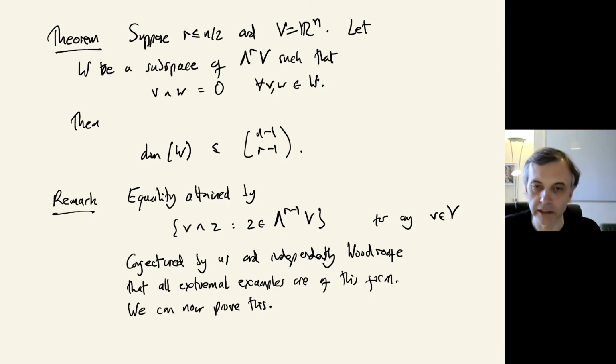And actually, we conjectured independently, Woodruff conjectured that all extreme examples are of this form for r less than n/2. And I'll just say, kind of as an aside, we actually now do have a proof of this. So it uses similar ideas, but some additional arguments. And you use a slightly different technique, but very much an extremal set theory, extremal combinatorics technique. Good.